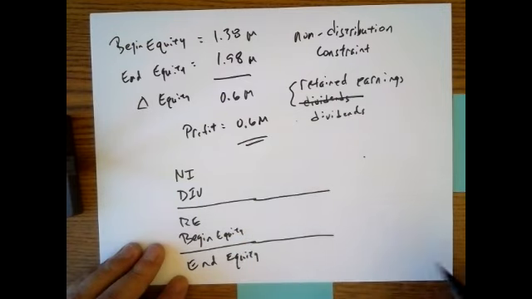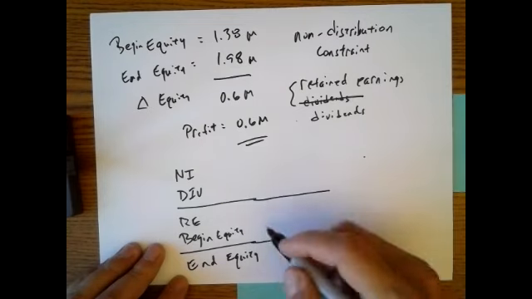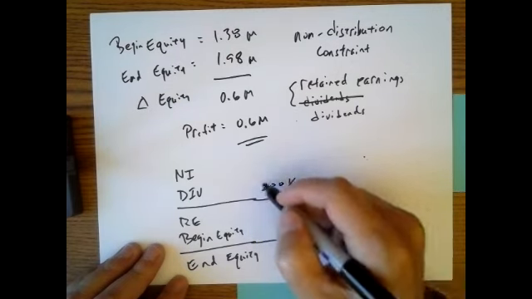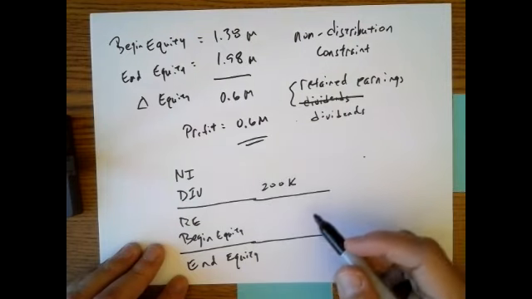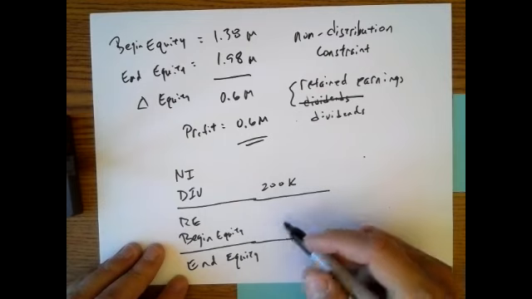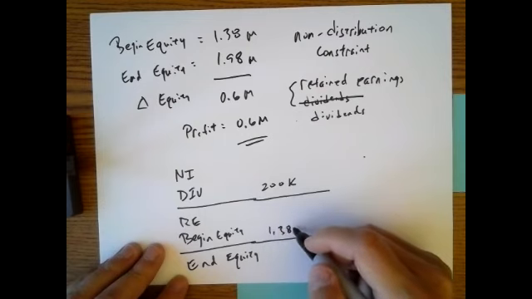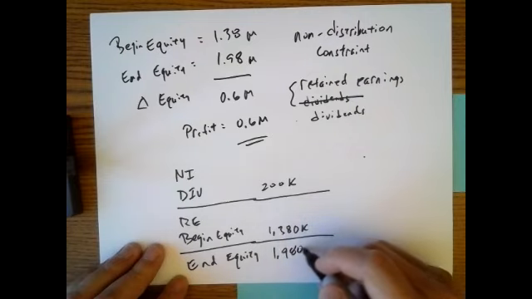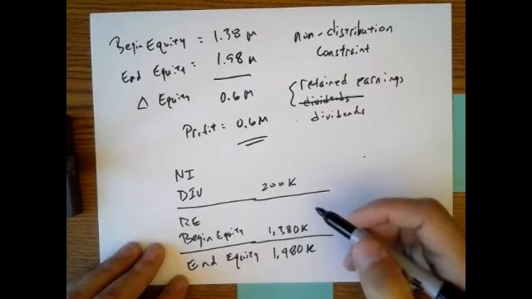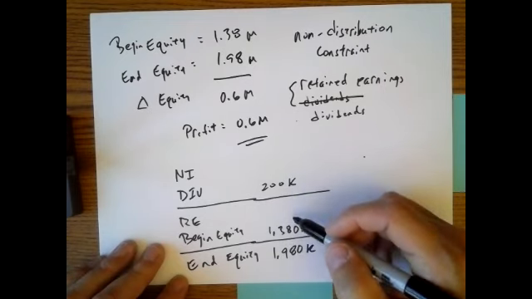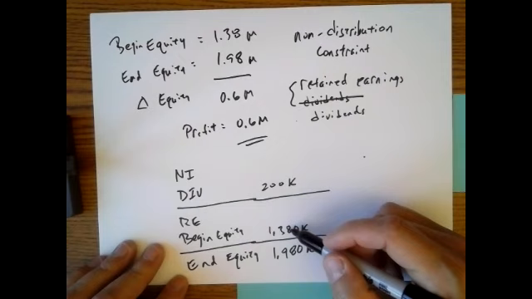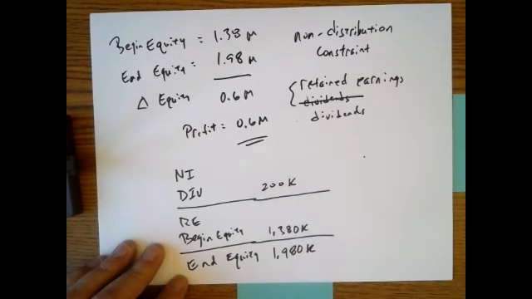All right, so in part 2 of problem B, we assume we're paying out $200,000 in dividends. So let's put that in there. Now we're going to convert these numbers into thousands. We know that the beginning equity is 1,080,000, and the ending equity is 1,980K. So in order for this to go from 1.38, whatever retained earnings is, plus 1.38's got to go to 1.98.